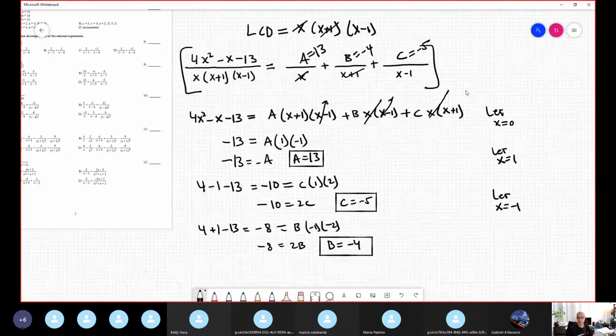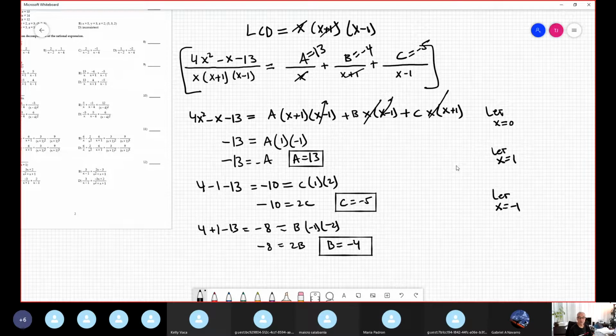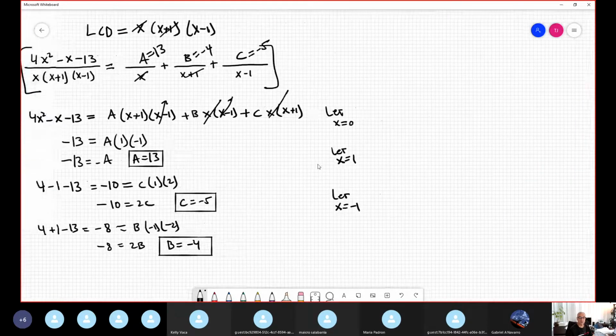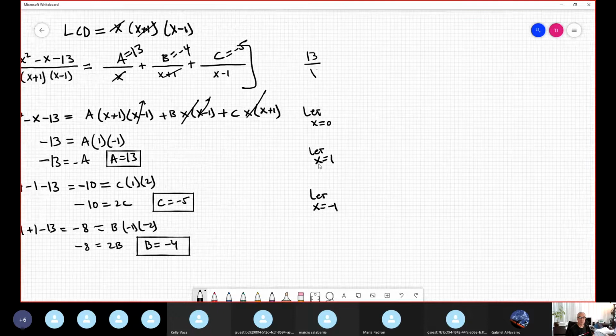Entonces, what is my beautiful final answer? Well, my beautiful final answer is 13 over x plus negative 4 over x plus 1 plus negative 5 over x minus 1. It's one possibility to write. However, I like another way.